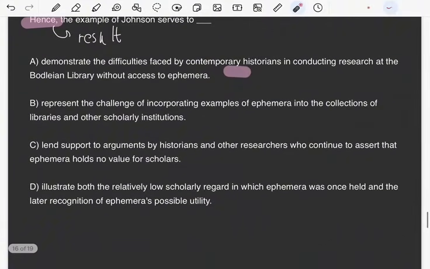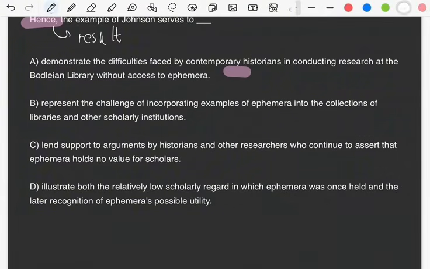Now, let's read the answer choices again, once we were able to predict our answer based on the passage. Here, demonstrate the difficulties faced by contemporary historians in conducting research at the library without access to ephemera. This is not our main concern. The main concern over here is a change of perspective or a change of value. So this is for now not the correct option.